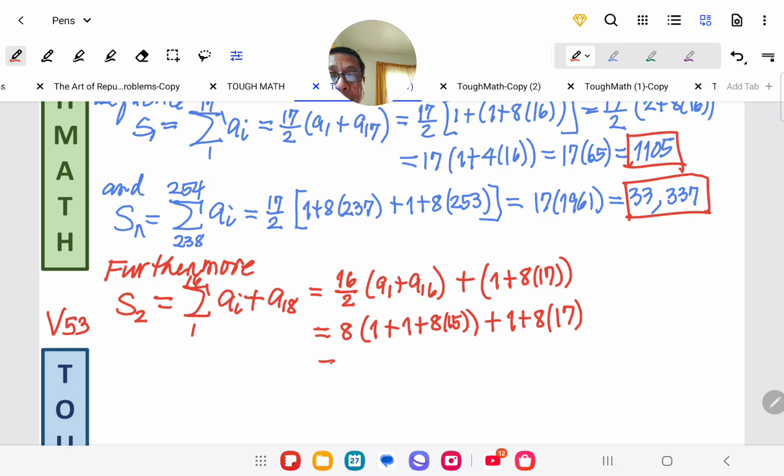And again, without going into the details, the first is equal to 976, and the second is 137, which is equal to 1113.